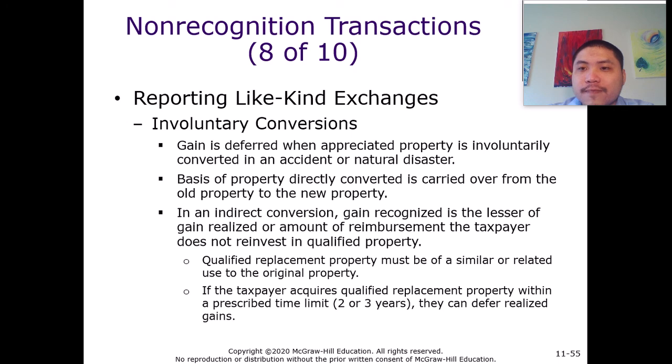Maybe there's an earthquake and the land and the building are ruined, or a volcano erupts and the whole piece of land is filled with lava, something like that. In those cases, the taxpayers have to involuntarily dispose of the land because it's not usable, it's destroyed.